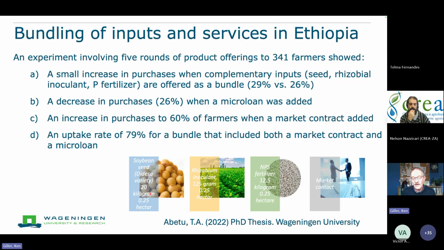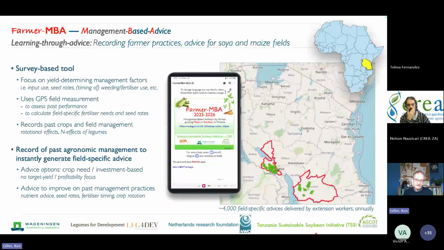I think this shows very clearly that if we can put together this bundle of inputs with market contracts and give farmers some security of the market, we can boost the uptake of inputs and boost productivity and farmers' incomes very strongly. It's very much their uncertainty of what's going to happen if they invest, in terms of market, which often precludes them from taking up these inputs.